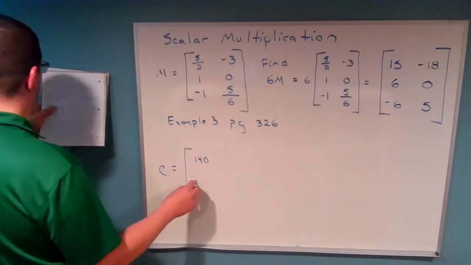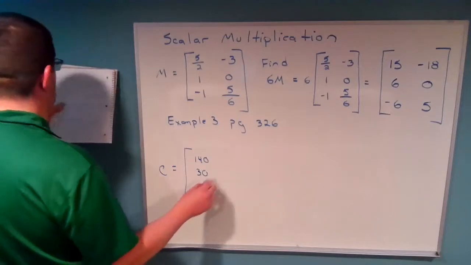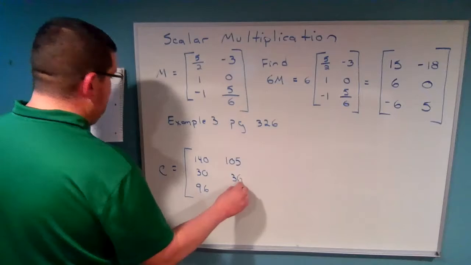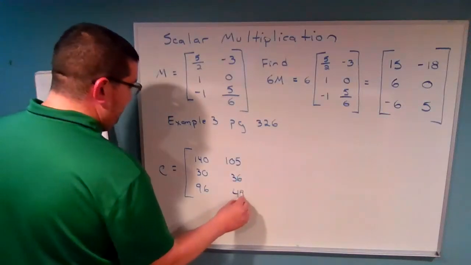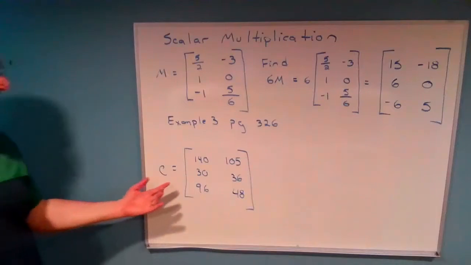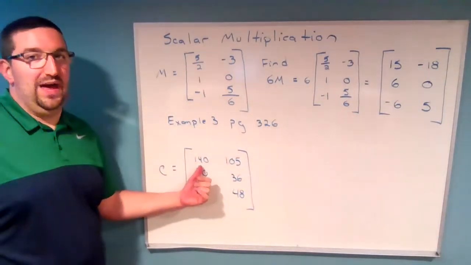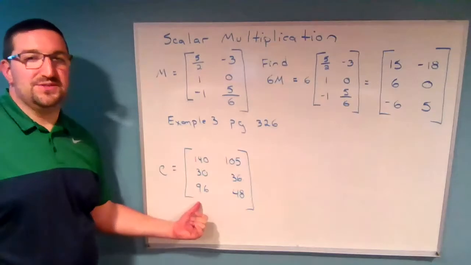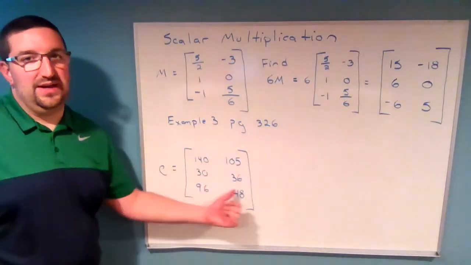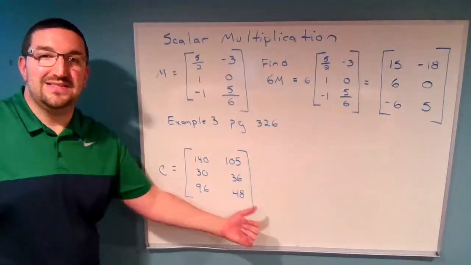We have 140, 30, 96, and 105, 36, and 48. If you read the problem, these are the sales in Canadian dollars. I believe this column still represents Vancouver, this column represents Quebec, and the 3 items of wiper blades, cleaning fluids, and floor mats.